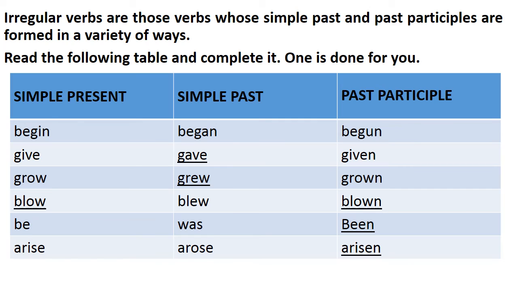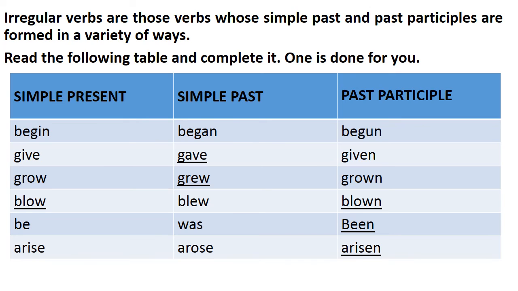The next verb here is give, which has changed its form to gave in simple past tense, and becomes given as a past participle. So children, you might have observed that in this table the spelling of these verbs has changed.